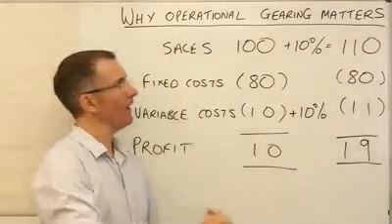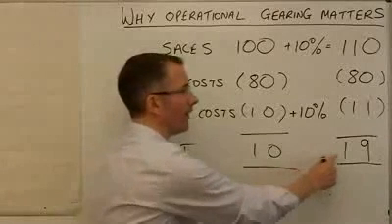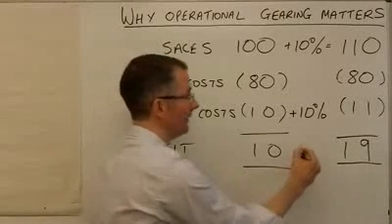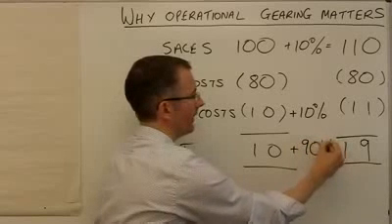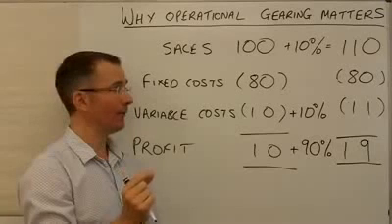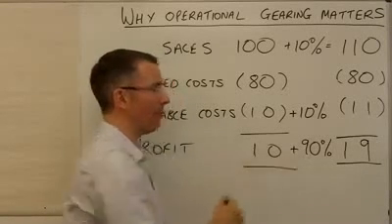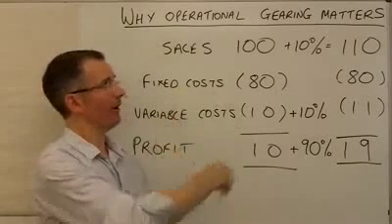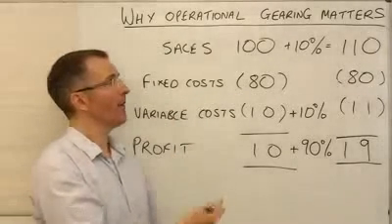This business has increased sales by 10%, but profits from 10 to 19, that is an increase of 90%. So for a very small increase in sales, you get a whopping increase in profits. You might be thinking, fantastic, so this is the kind of firm I want to buy. I want to buy shares in this kind of company, that's tremendous.